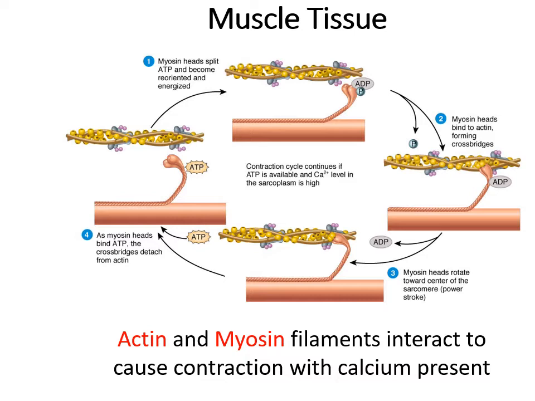Otherwise, it'll just hang around indefinitely and stimulate the muscle again. And that enzyme, which is in the synapse, is called acetylcholinesterase. And acetylcholinesterase breaks down acetylcholine after it's performed its function of stimulating the muscle fibers.